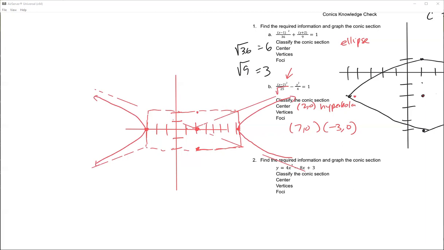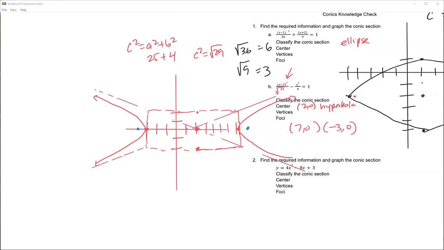And the focal points are, it's going to be c squared is equal to a squared plus b squared. So a squared is 25. B squared is 4. So you're getting c squared, which is equal to 29, so c is the square root of 29, which equals 5.4. So you're going to go 5.4 to the left and 5.4 to the right. So I'm going to put this here and here.